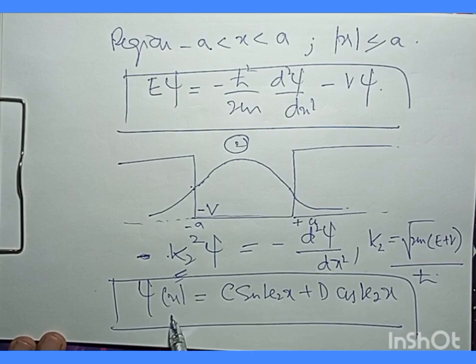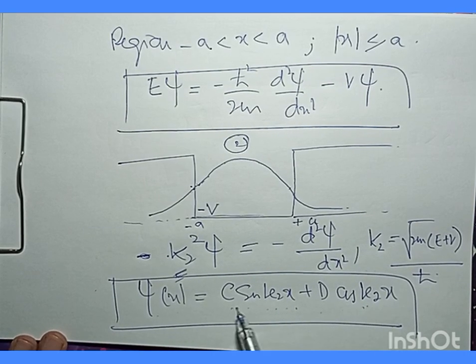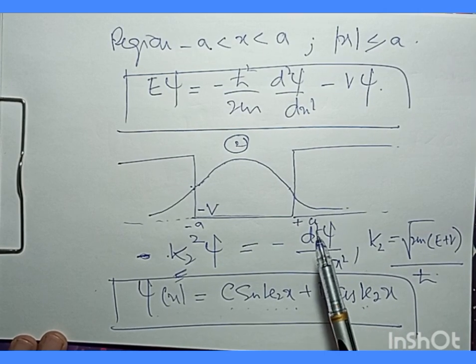In that case, the solution is psi of x equals c sine of K2x plus d cos of K2x, where C and D are arbitrary constants, as we had in region 1.